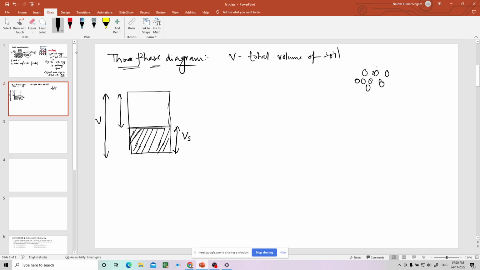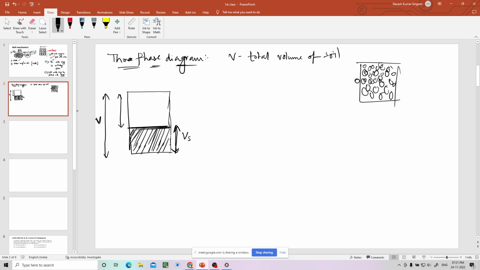Suppose you take it in a bowl like this, there will be voids inside, and solid particles are arranged in different directions. But here I'm bringing all these solid particles into this imaginary box. There is no void in this portion, so that is called the volume of solids.